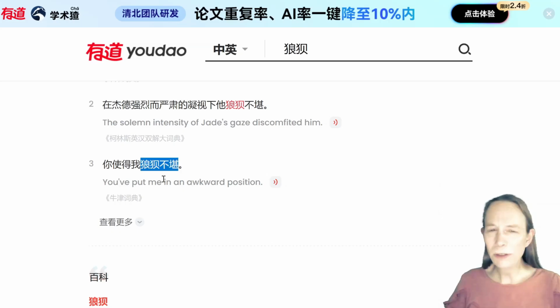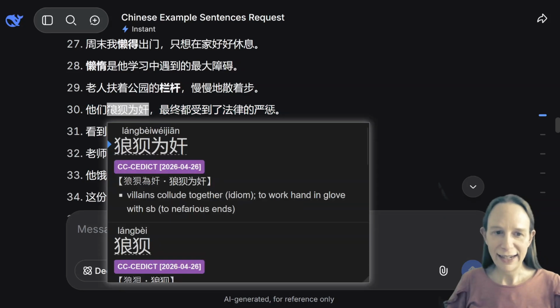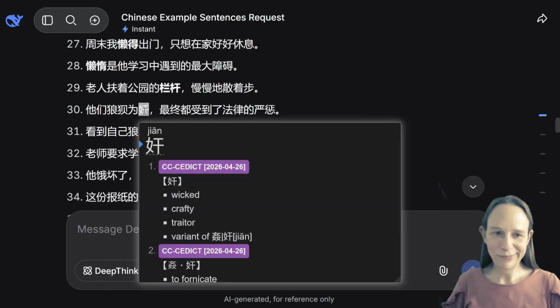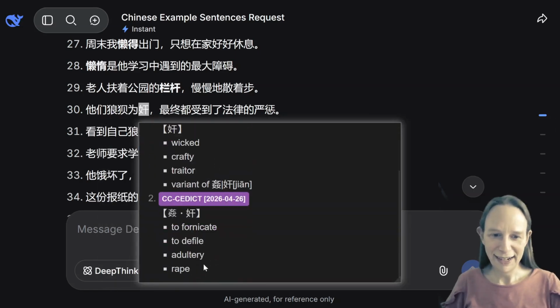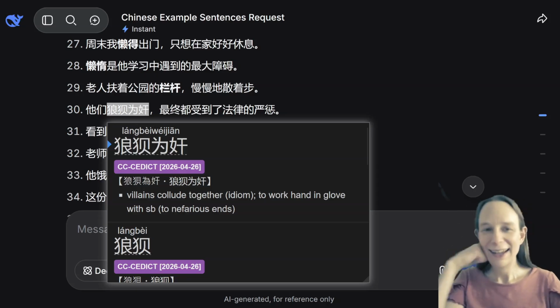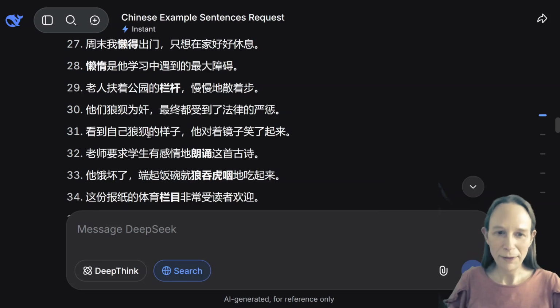You've put me in an awkward position. All right. 狼狈为奸. So 奸, it's not a very good word, but all right. Yeah. 狼狈为奸. Villains collude to work hand in glove with someone at nefarious ends. All right. Let's move on.